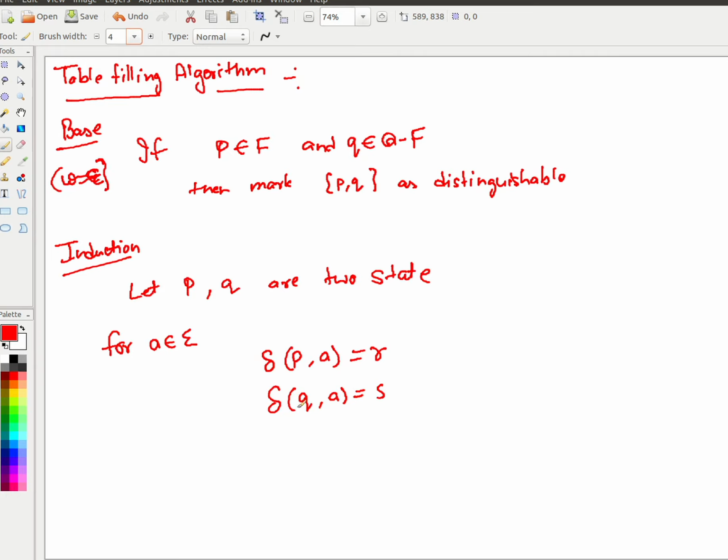Now if that is the case, and if the pair R and S is already known to be distinguishable, what do you do?